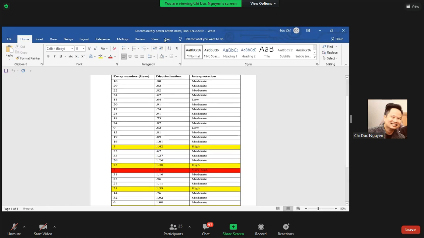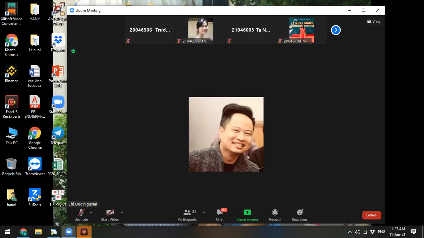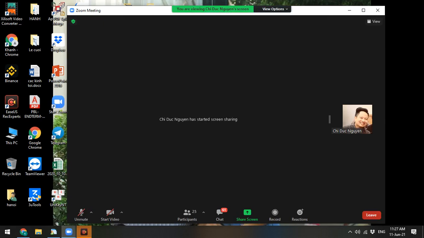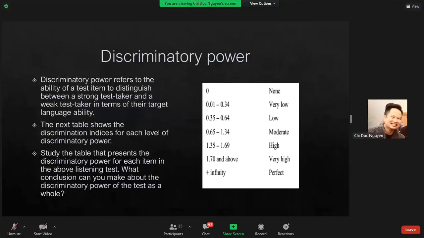Okay, so from that, what kind of conclusion can we make? Do the test items separate the students into at least 3 levels and even smaller groups within each level?